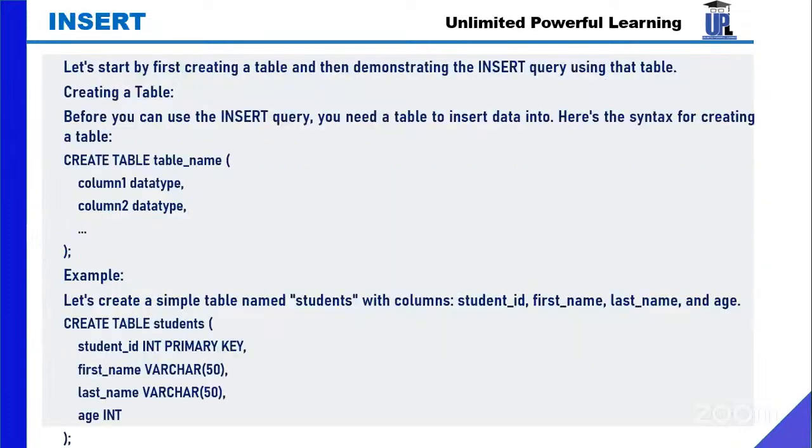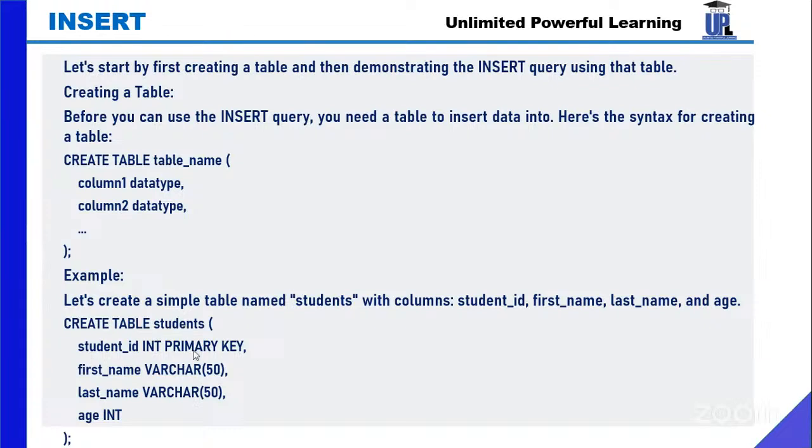Now, if you look at the insert command, first you know that this is the table to be created using the DDL, data definition language. Create table, table name. We already discussed this in the previous two sessions. Column 1, data type, column 2, data type. Like this, you can create a database. Create a table students with ID as primary key.